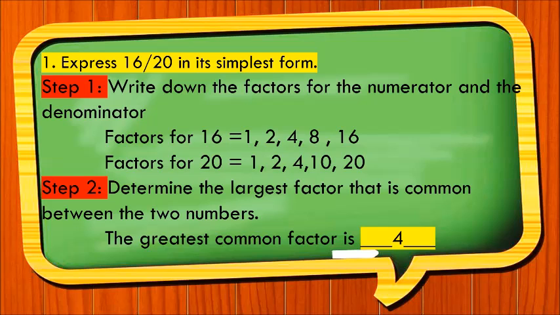Who got the correct answer? Yes, okay, so we give him or her 3 claps with bravo. 1, 2, 3, bravo, bravo, bravo. Next, let's try to check the problem.